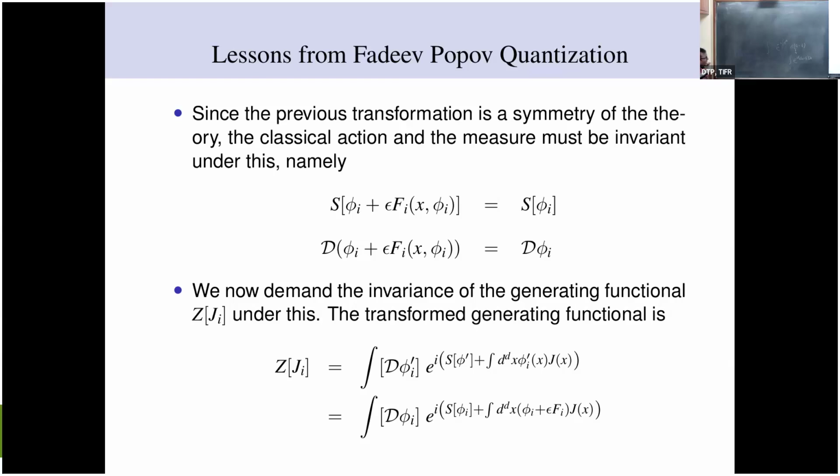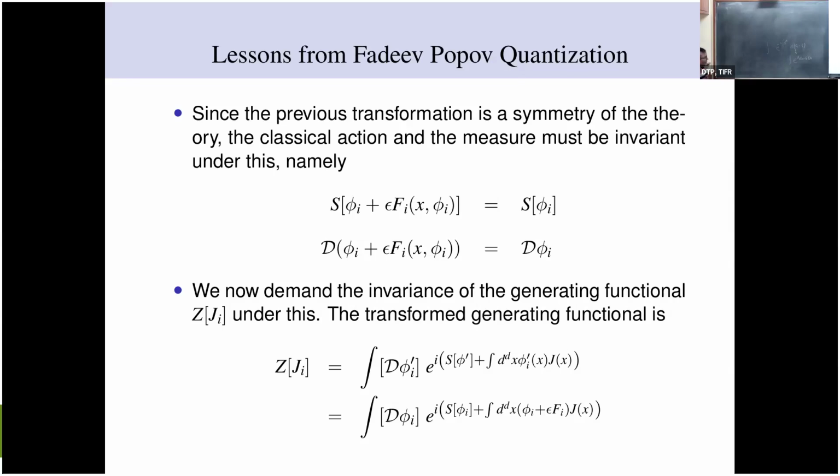The first line denotes the transformed generating functional: you have the transformed measure d phi I prime, then e to the power i S of phi prime, and then the integral of phi prime times J. But S and d phi prime are invariant, so you just have d phi e to the power i S, but phi I prime, which is coupled to the source, gives an extra piece.